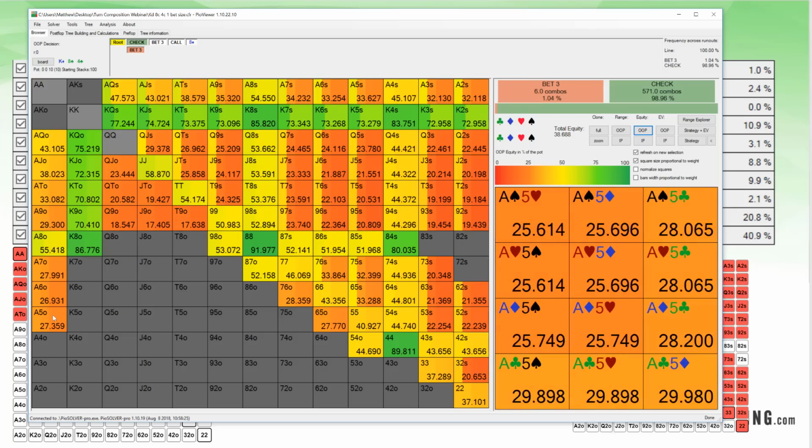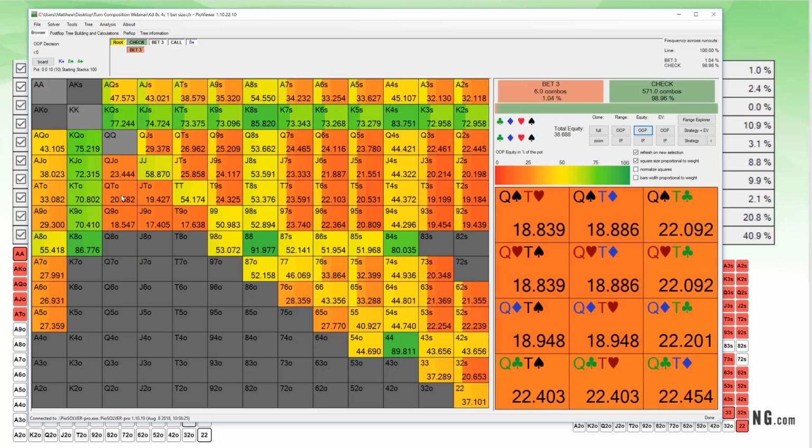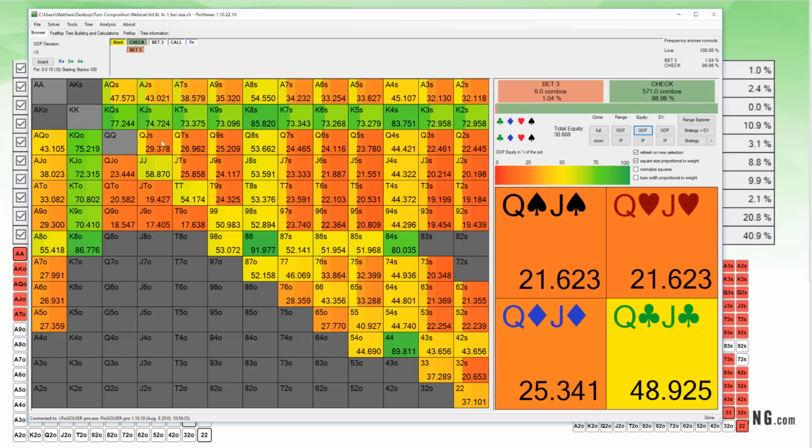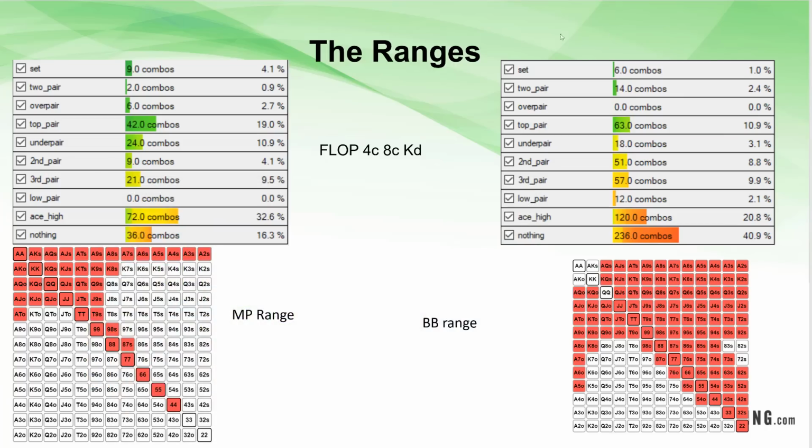All these ace 5 combos have like under 30% equity. So the key point I'm trying to say is big blind has a lot of garbage. In position doesn't have much garbage, and that leads to that 61% range advantage that MP has that we referred to last week.